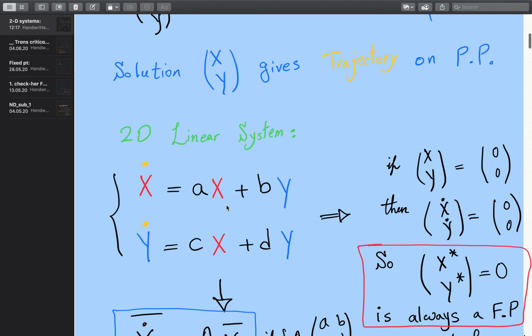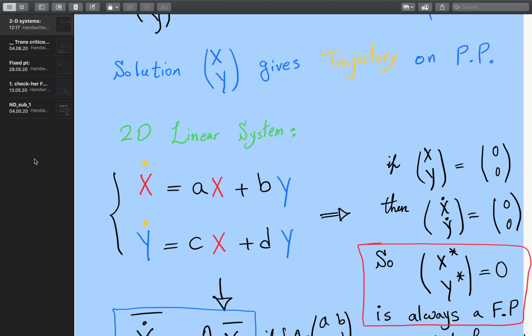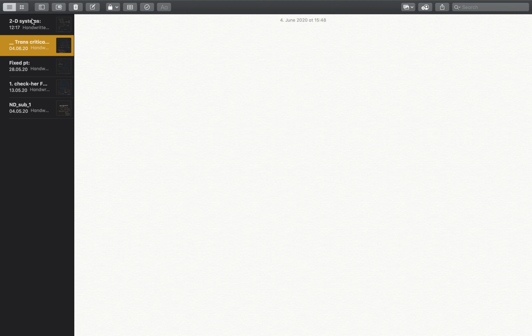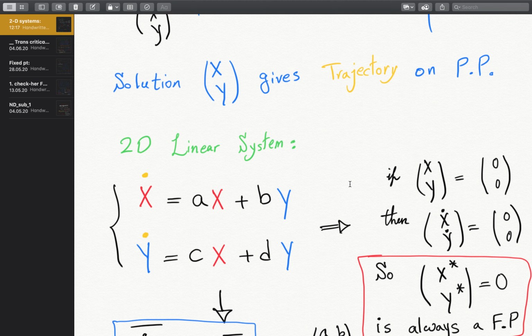So the solution x, y gives the trajectory on the phase plane. The solution means the whole x dot and y dot.